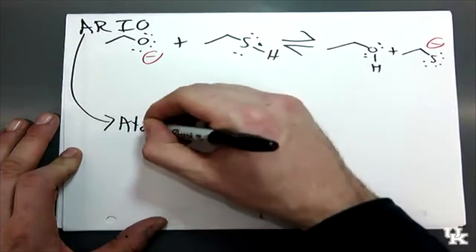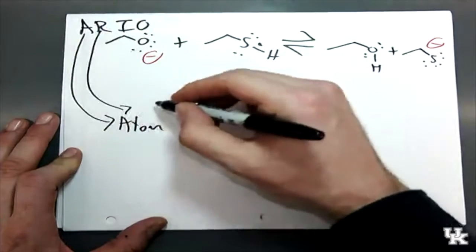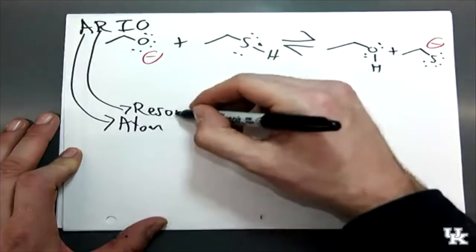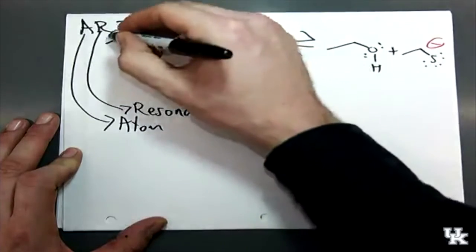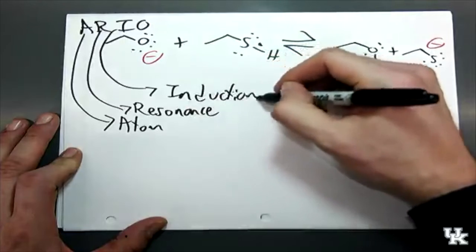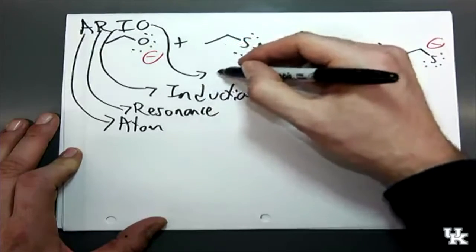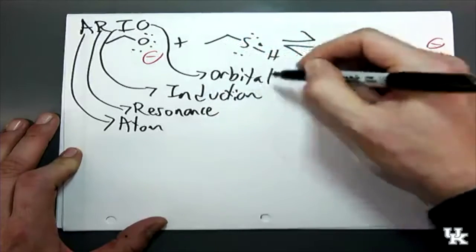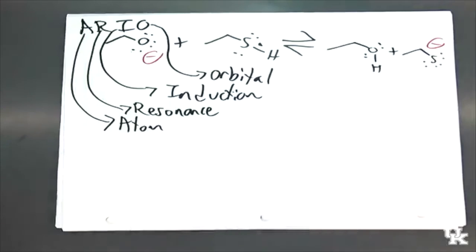A stands for atom, R for resonance, I for induction, and O for orbital. Okay, we're going to go through each of them and talk about exactly what they mean and give you plenty of examples so that at the end you can be a wizard at identifying which things have the most stable conjugate base.